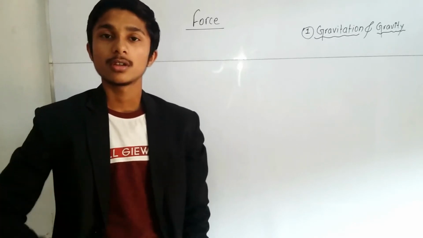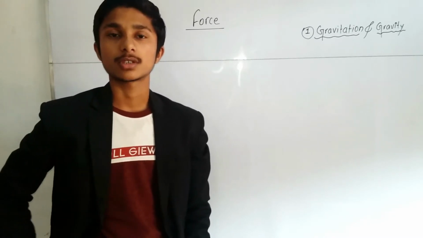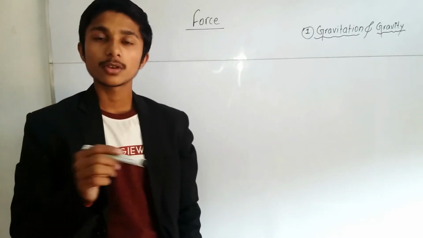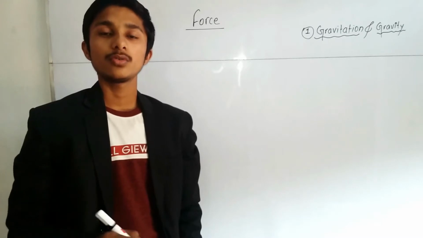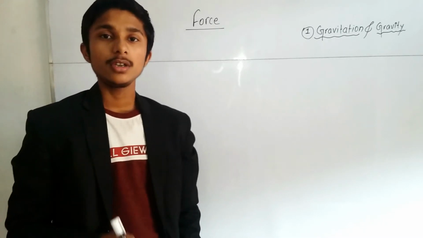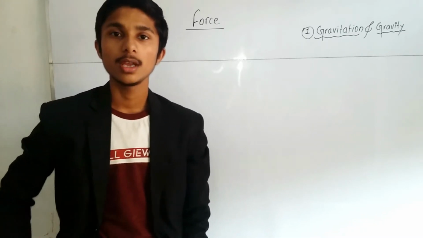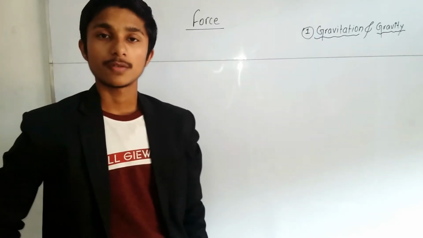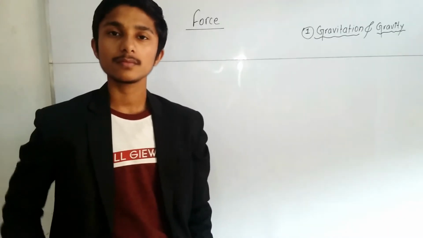Even the earth revolves around the sun, and the moon revolves around the earth. These phenomena are all possible due to the force of attraction between two bodies. Even the celestial objects have orbits due to the force of attraction.